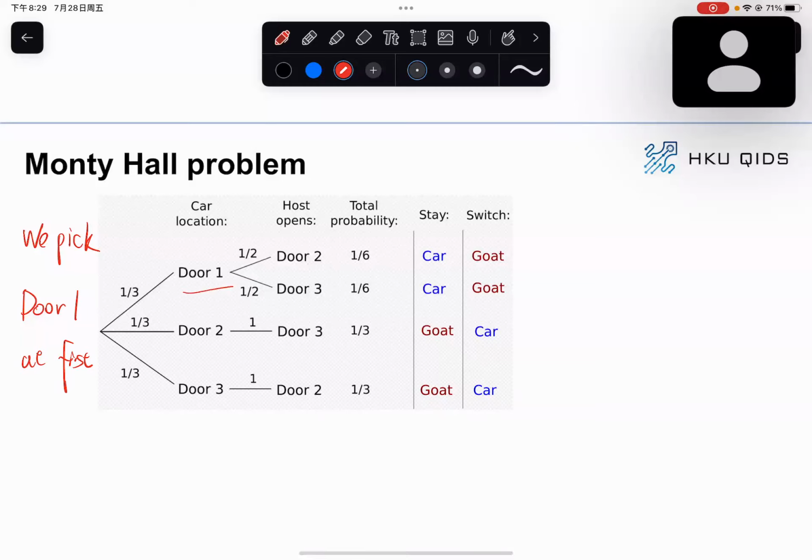And if it is at door one, then the host can open either two or three, because there are goats behind doors two and three. And you can see that staying and switching are similarly the same.